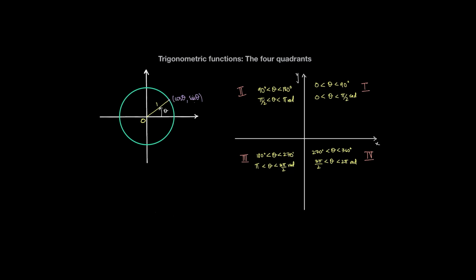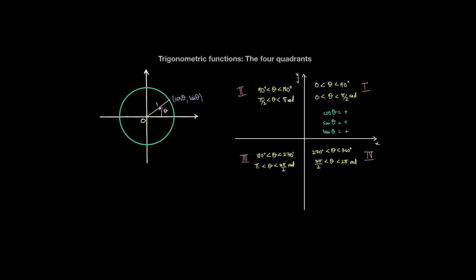So if theta is in the first quadrant, the cosine of theta is positive. We can also see that the sine of theta, which is the y-coordinate of this point on the unit circle, is also positive. And the tan of theta, the ratio sine theta over cosine theta, is also positive, since a positive number divided by a positive number gives you a positive value.